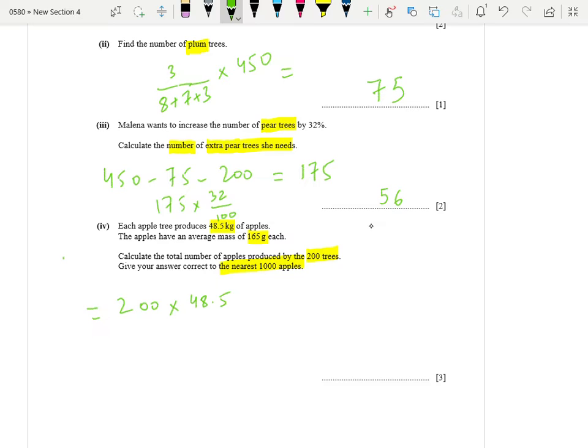And if I want to know the total number of apples, I take the numerator as the total kg of apples and divide by the mass of each apple, that is right here 165 grams. But do note the difference in the units. This is kg and this is gram. So a gram is worth 1 over 1000 kg.